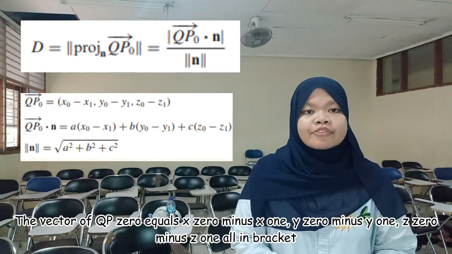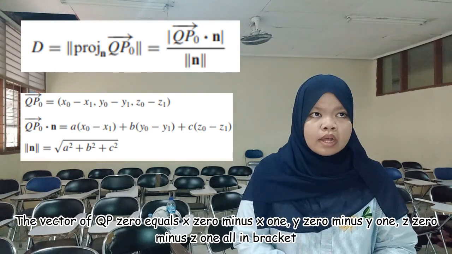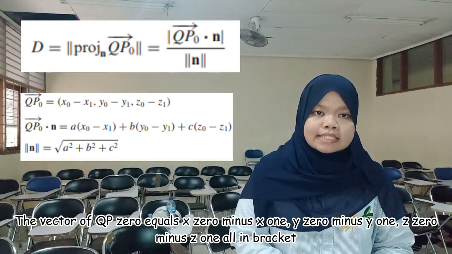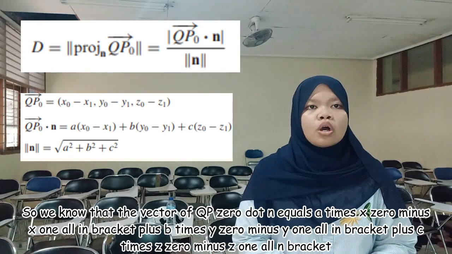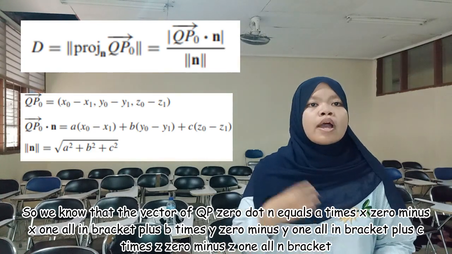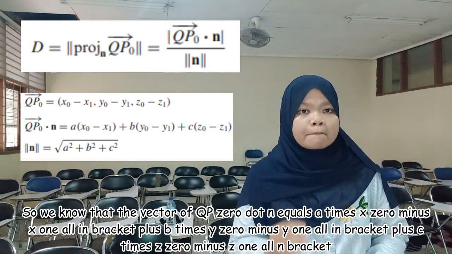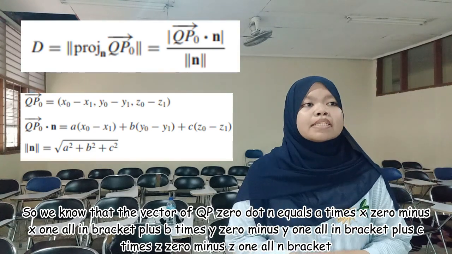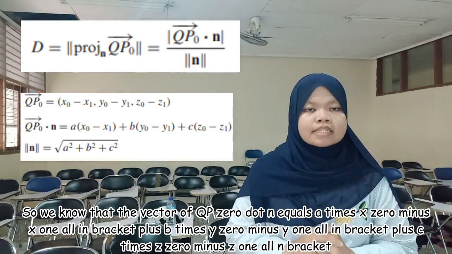The vector P P0 equals (x0 minus x1, y0 minus y1, z0 minus z1). So we know that the vector P P0 dot n equals a times (x0 minus x1) plus b times (y0 minus y1) plus c times (z0 minus z1).